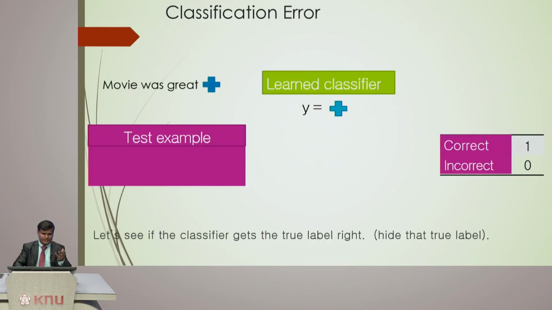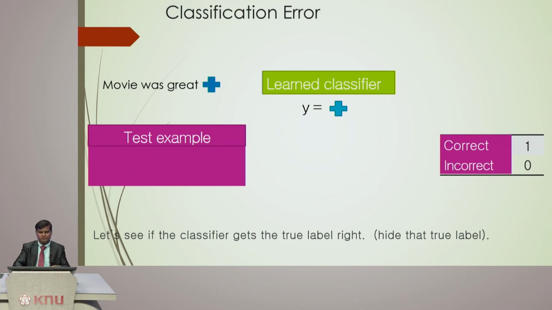Let's say we use a test example, a test sentence. For example, the test review given to us now is the first one, which says movie was great, and it is given to the classifier which has already learned. It says okay, positive.